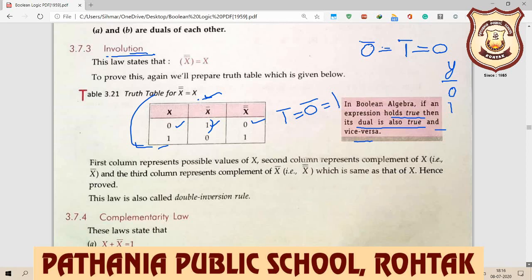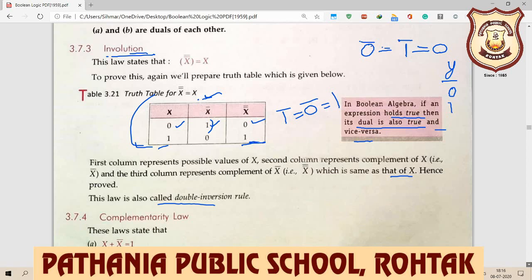And the third column represents the complement of x complement, that is x complemented again, which is the double complement, and it is the same as x. Hence proved.